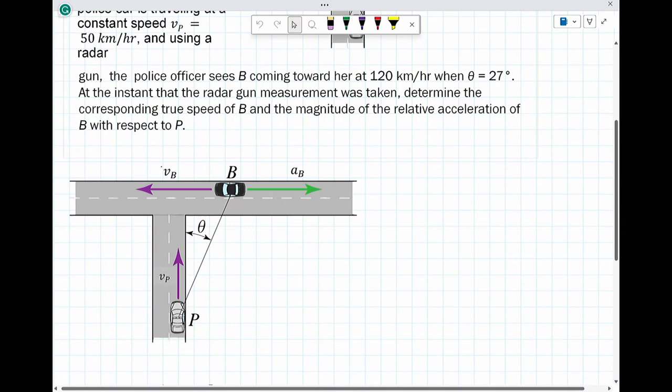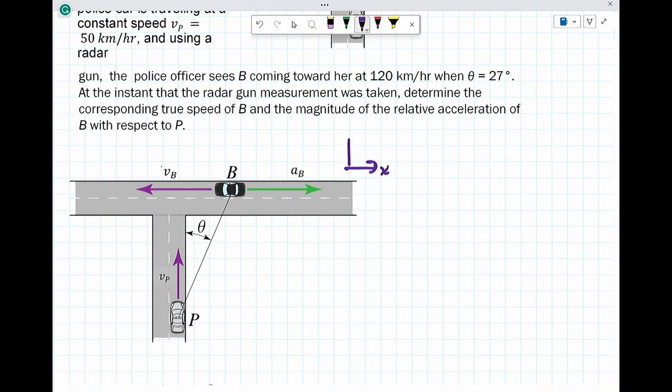Now, not clear maybe, I have a bad habit of not putting my axes down right away, but it's good to put your axes down.